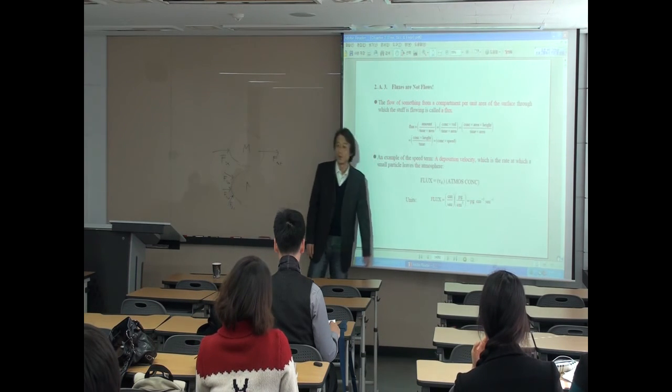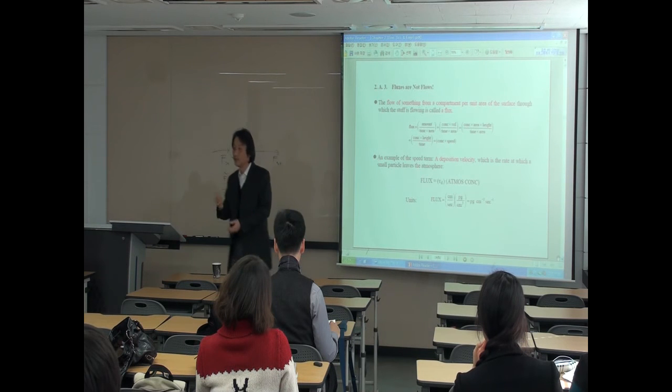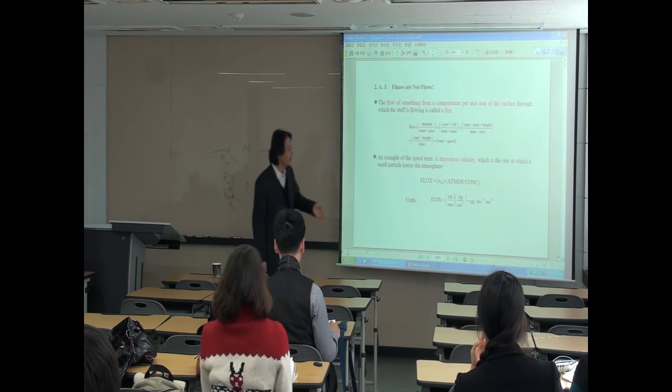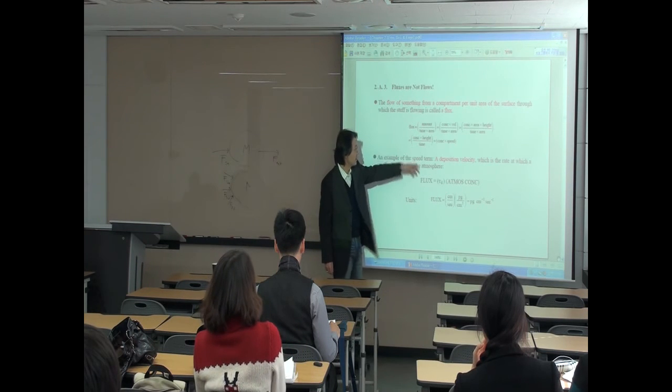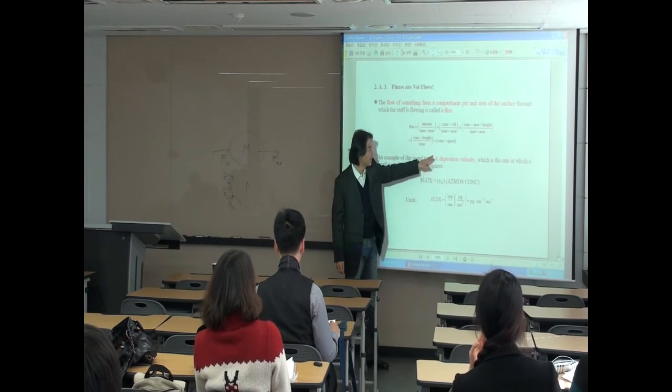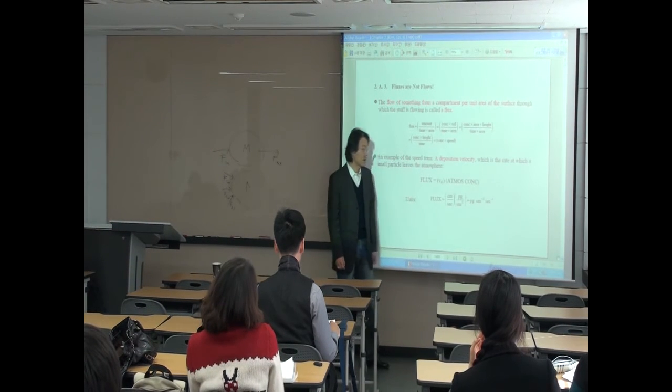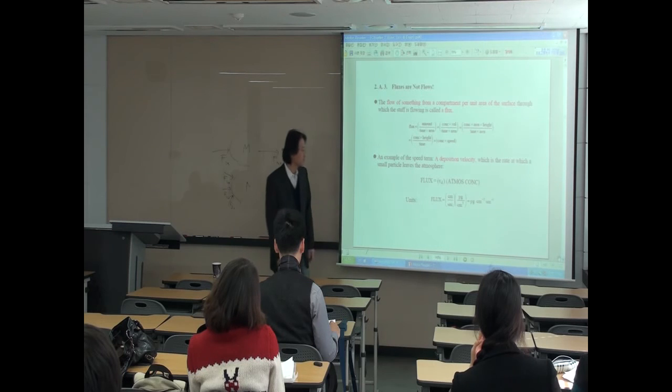This is very, very important for the atmospheric chemist or atmospheric environmental chemist. Well, anyway, so the flux can be defined as deposition velocity times the atmospheric concentration. Right?